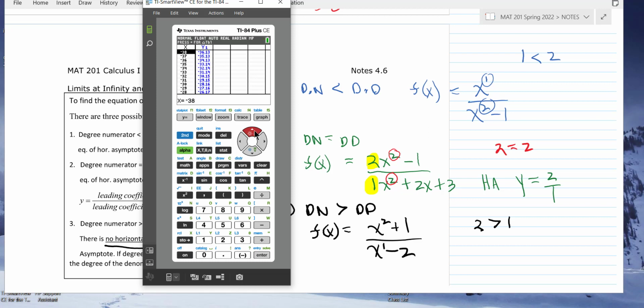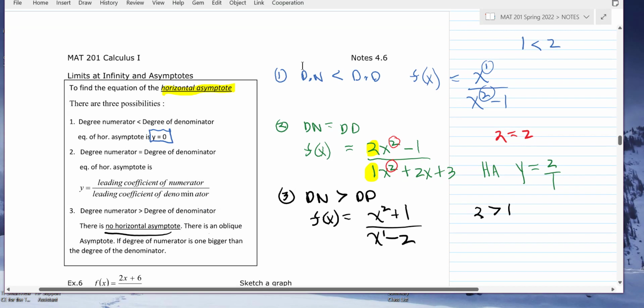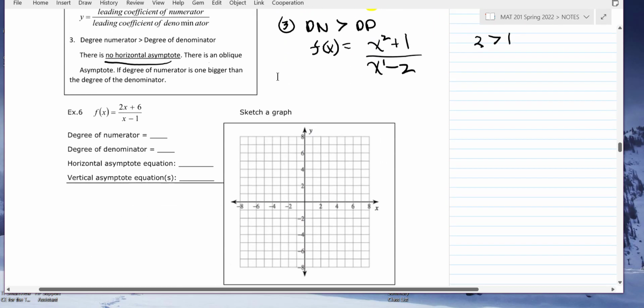It's not getting close to anything like it did on the other examples. So that's a good way to introduce the concept, is just to show you how you can do degrees, and you can tell what that asymptote is. And when you're doing a certain kind of limit at infinity, that's really what you think about, is what is the horizontal asymptote, and that will give you the value of the limit at infinity.